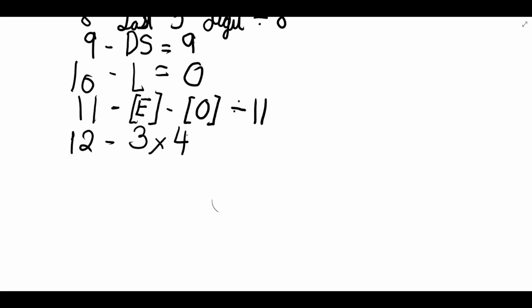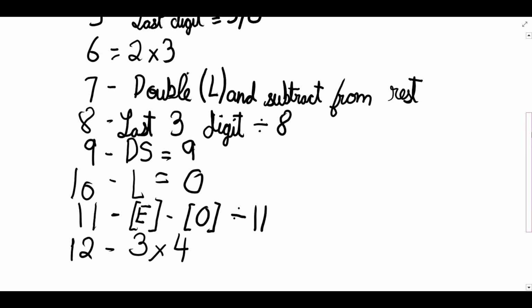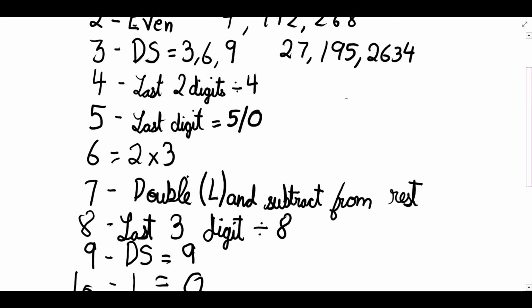For 4, the last 2 digits must be divisible by 4, and you have a number that is divisible by 12.